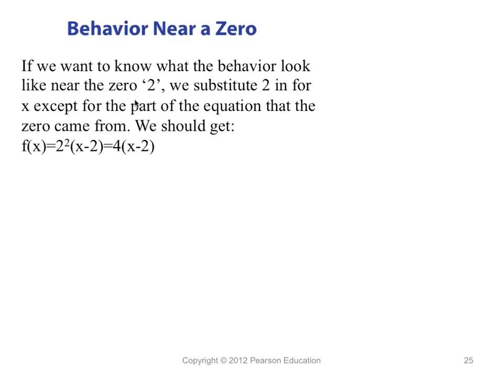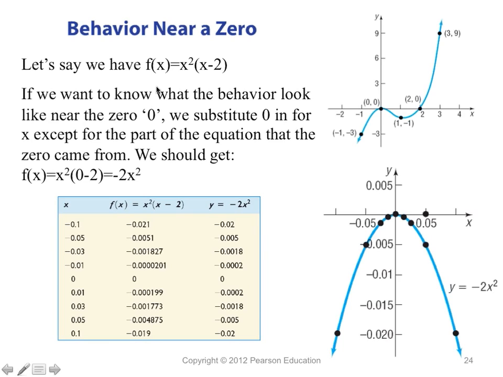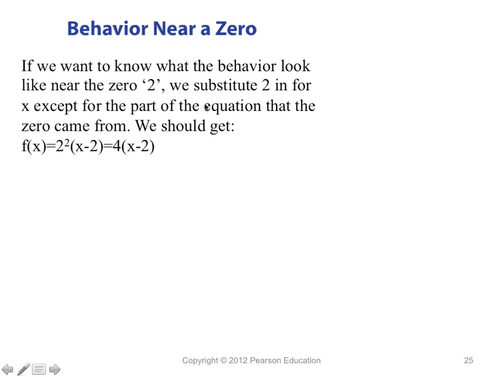Let's take a look at this one right here. If we want to know what the behavior looks like near the other 0, for 2, okay, if we go back one slide, 2 is our other 0 because when we plug 2 in, we get 0 for this factor, which makes the entire thing 0. So if we plug 2 in, we don't want to plug it into the second piece this time, because it makes our function 0, which we don't want to have happen. So we just substitute 2 in everywhere else.